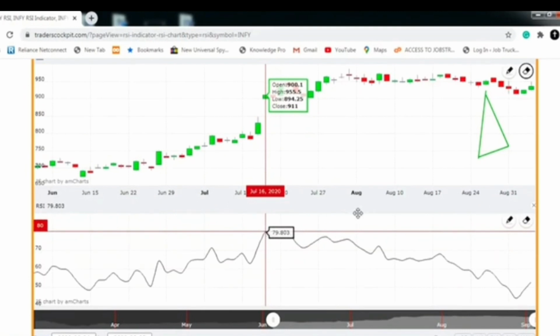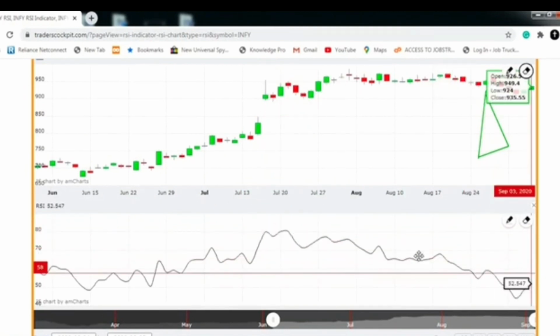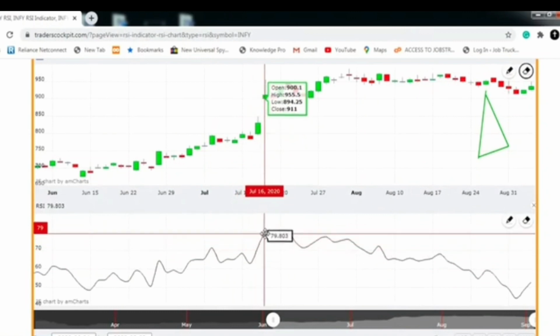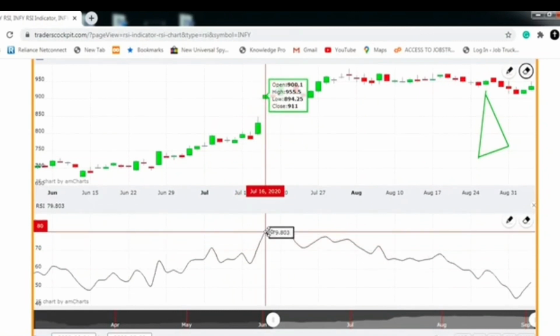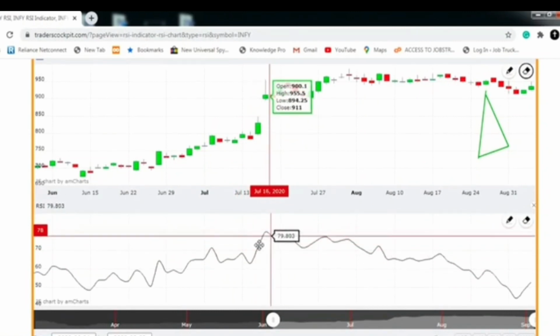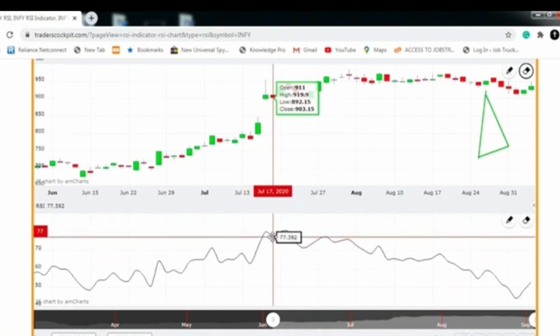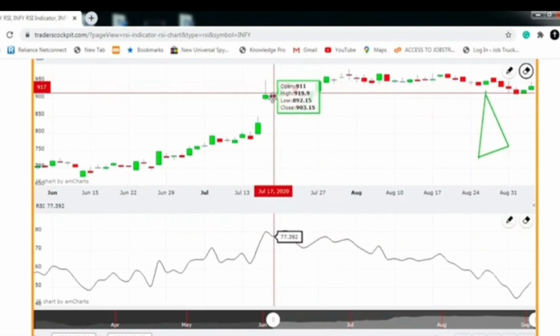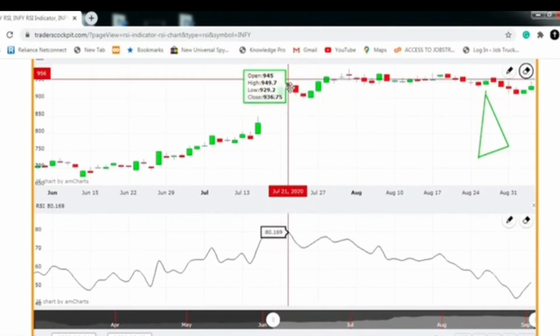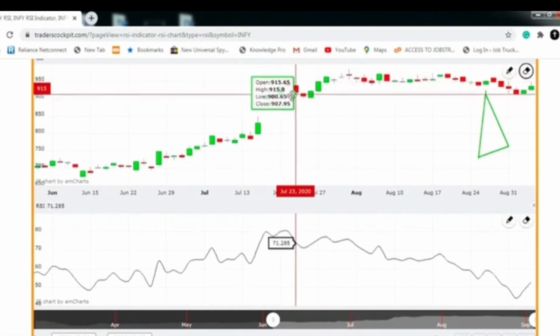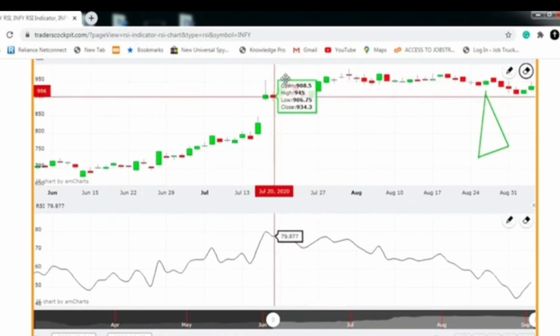You can see a red candle on July 17th. After that, the RSI is improving a bit, and after that, it goes to a drastic fall. It is not able to recover from 70. It cannot move above 70. This stock is staying at a level that is overbought.